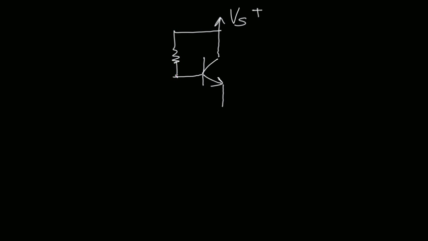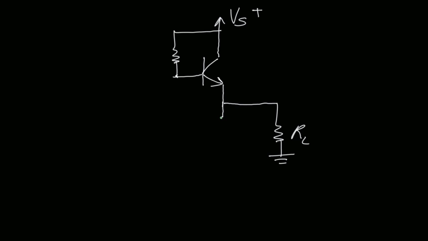The purpose behind this resistor is to ensure that VBE will be equal to 0.7. But it's not always the case. And by the way, the output is taken out of the emitter. This is my load resistor, and it connects typically to the ground, RL.